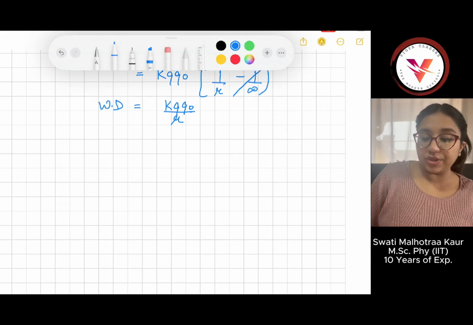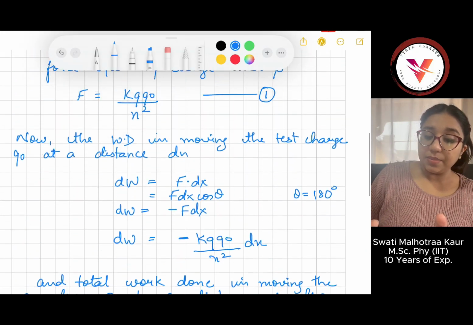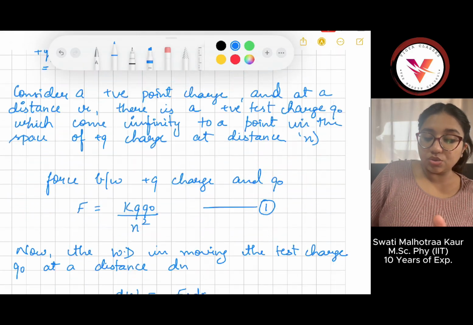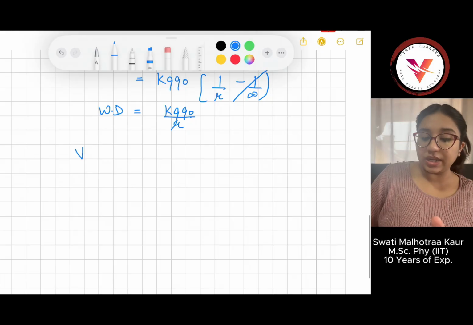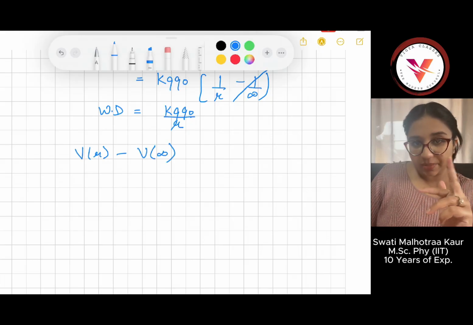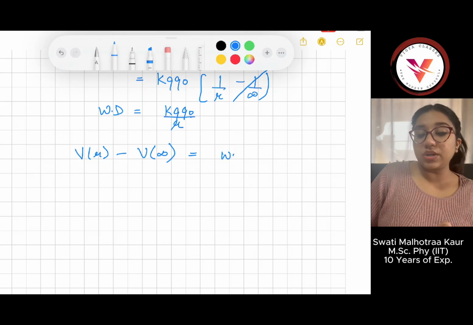Now the potential difference: we have to calculate the potential at a point r from this source charge. It would be final minus initial, that is, potential at a distance r minus potential at infinity, which equals work done upon test charge q naught.